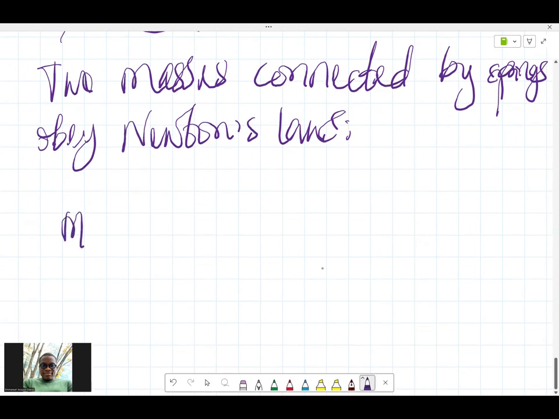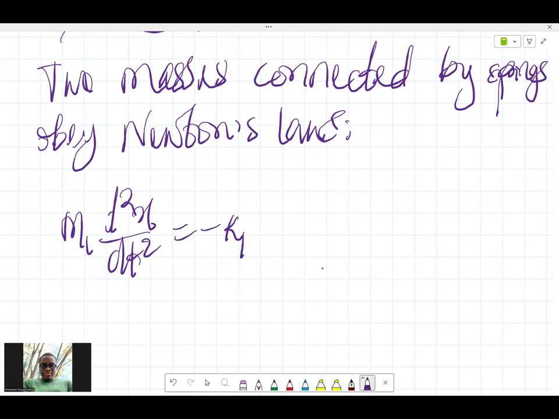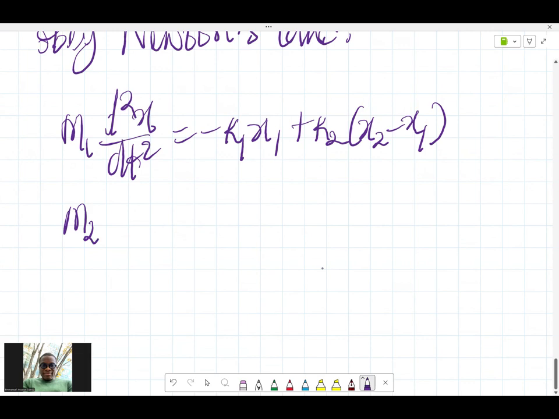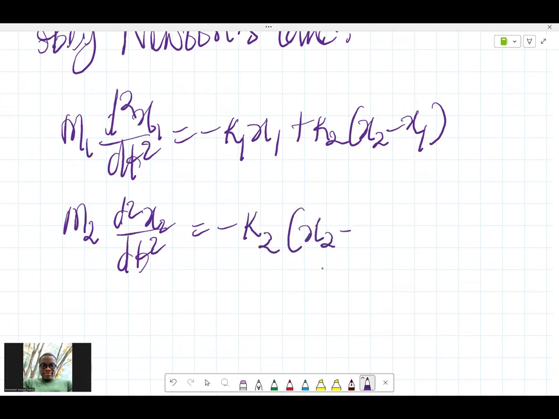You have m1 d squared x1 dt squared equals minus k1 x1 plus k2 into (x2 minus x1). You also have m2 d squared x2 dt squared, and that is equal to minus k2 into (x2 minus x1).